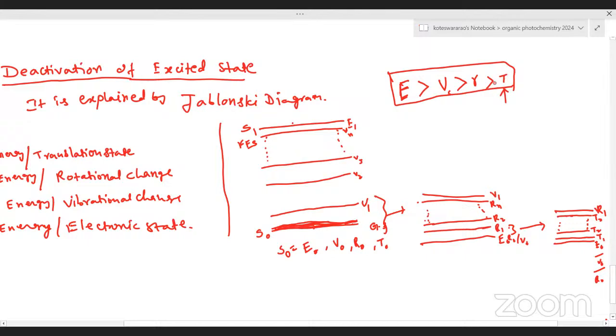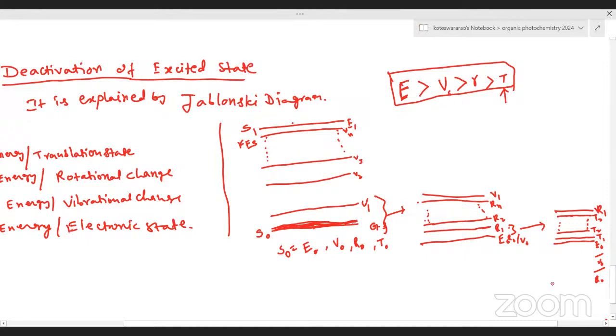Our concern is only the electronic excited state, vibrational energy excited state, and rotational level. These changes involve considerable energy changes of the state of the object or molecule. Therefore, these three are considered for this study.